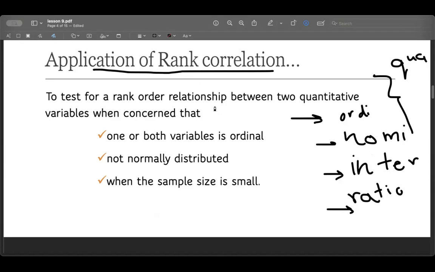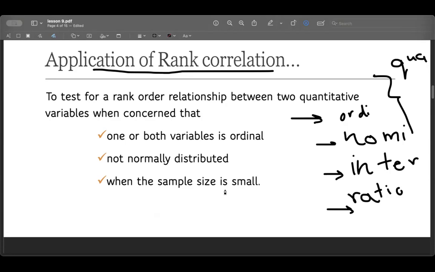But for the application of rank correlation, one or both variables should be ordinal, and also these ones are not normally distributed when the sample size is really small.